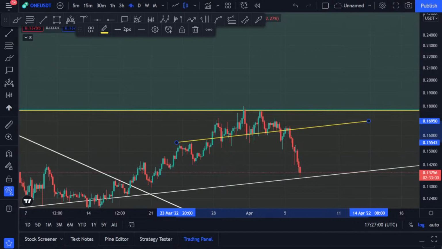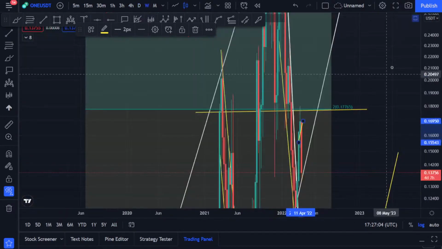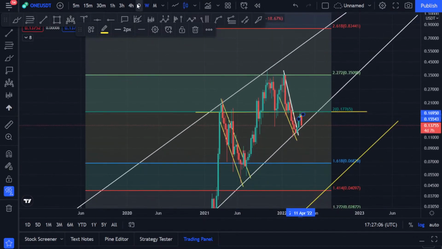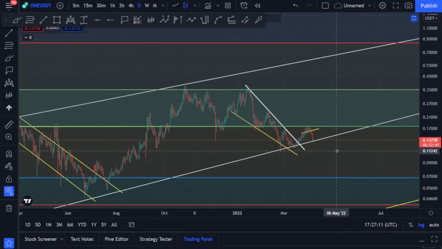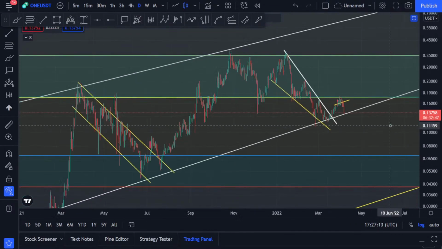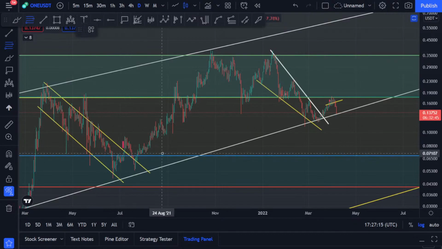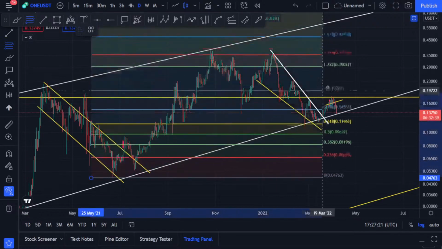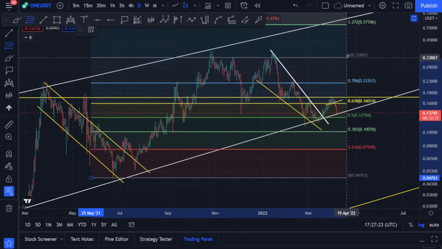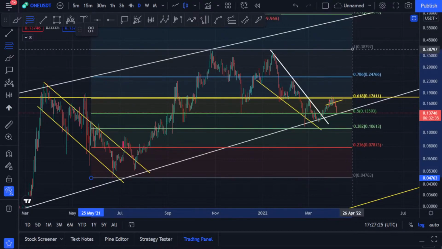Target for Harmony. Well, the target for Harmony is basically if you hold a support line, exactly over here, you could always judge by the history. If it holds the support line, great. Look at this bottom, and you had this area of resistance.